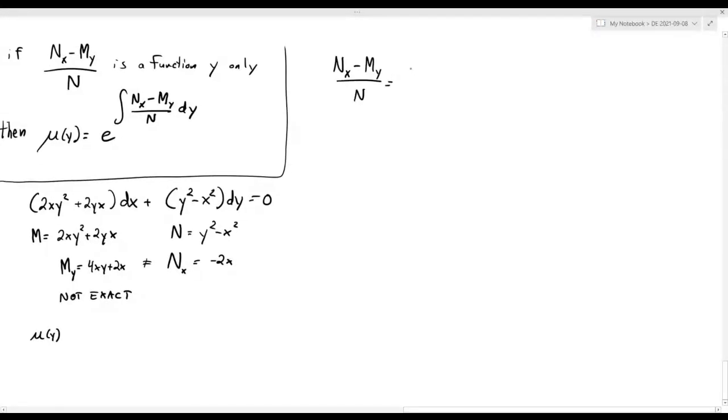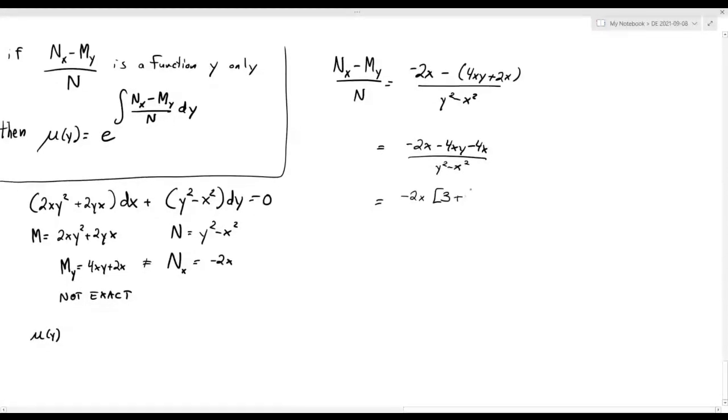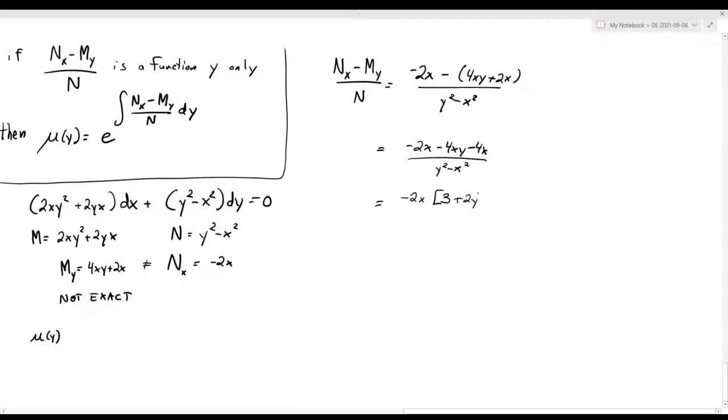So let's see what that expression is. The derivative of n with respect to x minus the derivative of m with respect to y, all divided by n. Well, that doesn't look hopeful. Let's see. I can take out a minus 2 times x. So that's going to be 3 plus 2y.